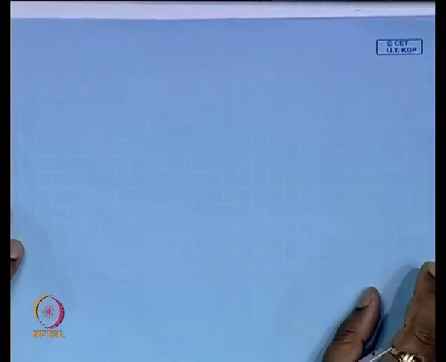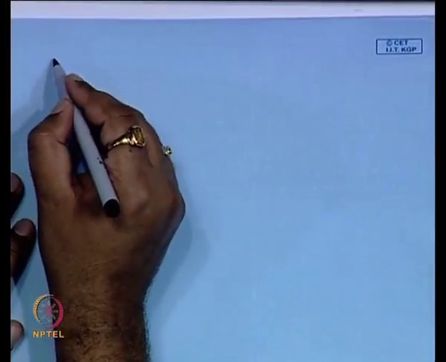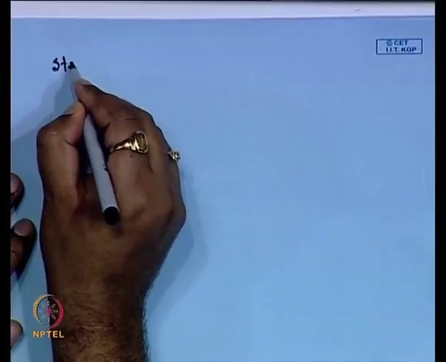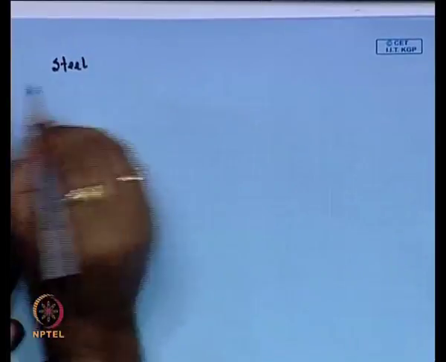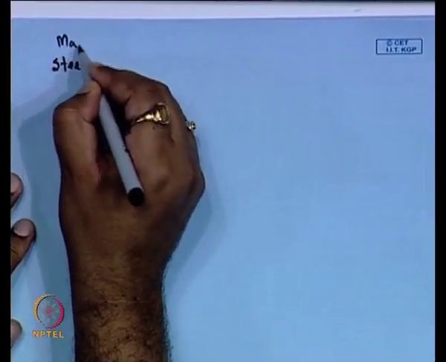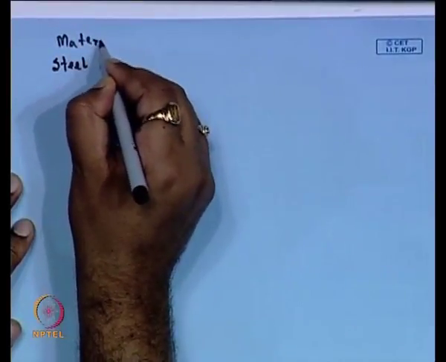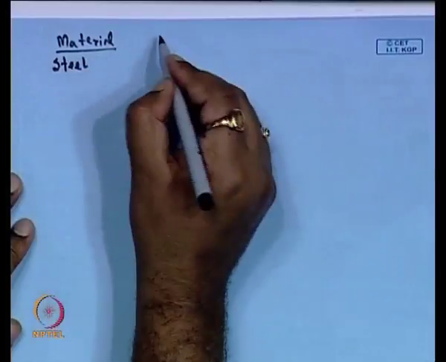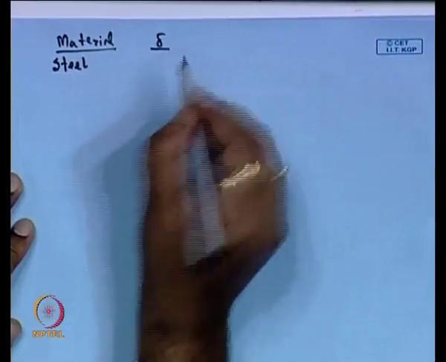Now, the next one: how to get this k value for the different pile materials. Suppose the pile material is steel, then this is the delta value that we are getting.